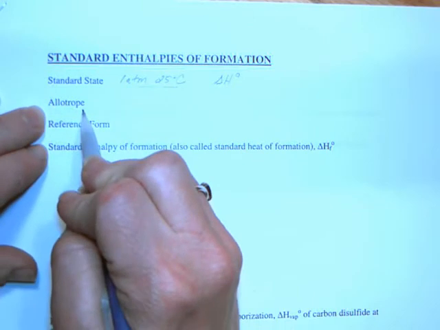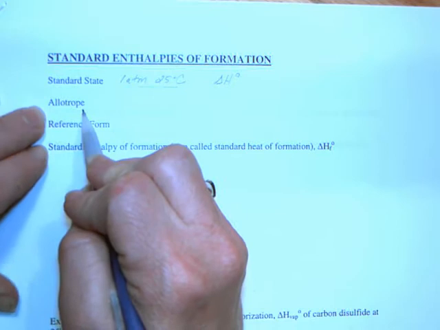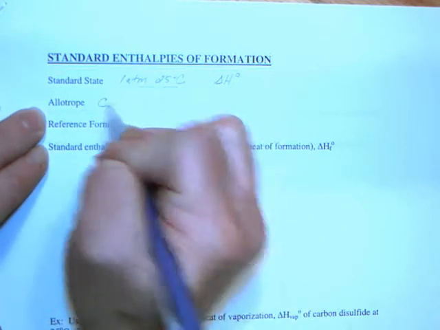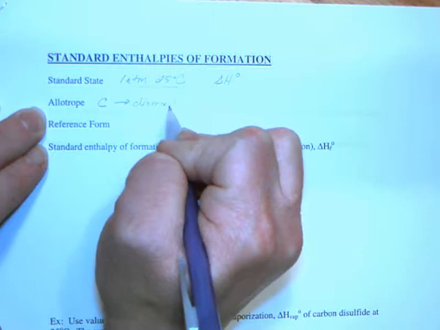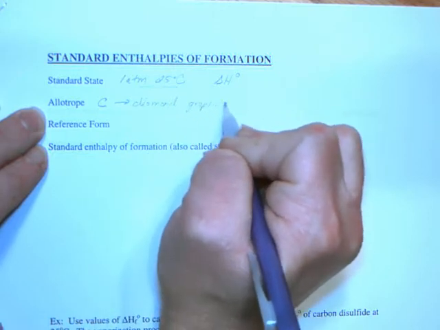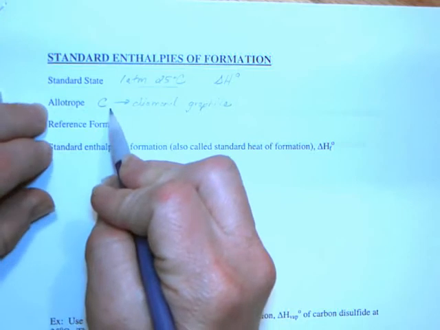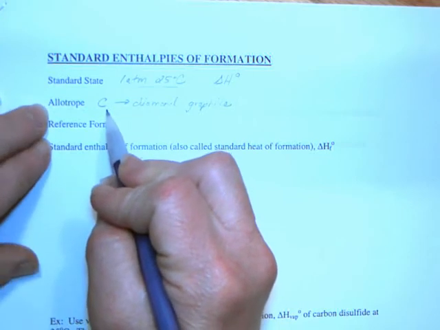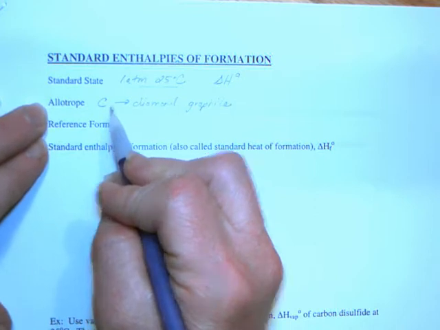Oftentimes, an element has more than one form of itself. For example, carbon. Carbon can be found as diamond, but also as graphite. And we're actually also finding, with more understanding of nanotechnology, some other forms of carbon, not quite calling those allotropes yet.